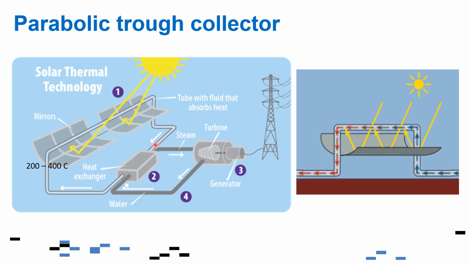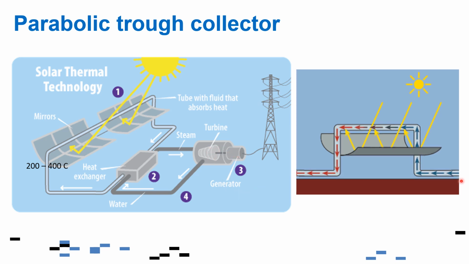So this is the hot side now. It goes towards here, and this is cold water coming in. So the cold water heats up because of the heat exchange over here, and the water heats up and becomes steam, and then the steam powers a turbine, and then powers a generator and generates electricity.